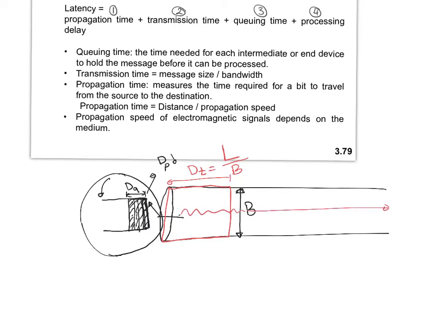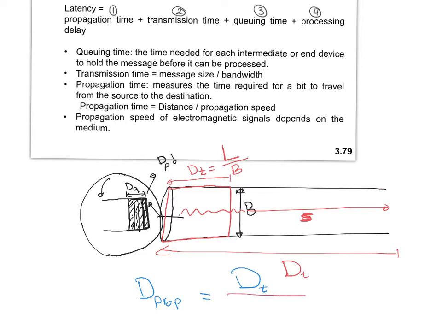A signal propagates through the transmission line using the propagation speed. Depending on the distance of the transmission line, there is also what we call the propagation delay, which is the distance of the transmission medium divided by the speed of propagation.